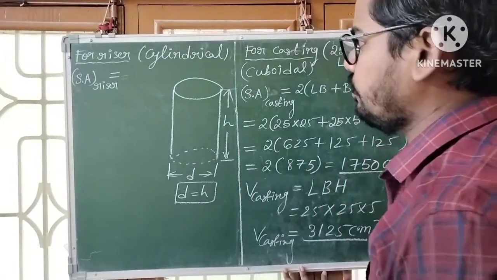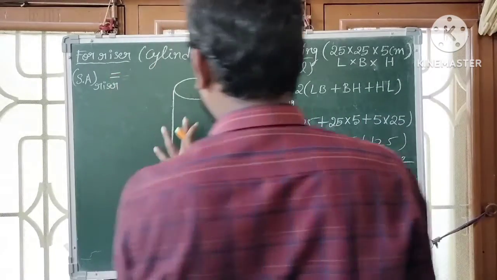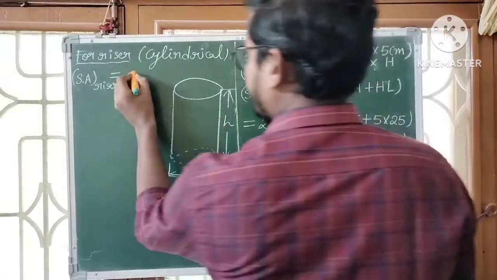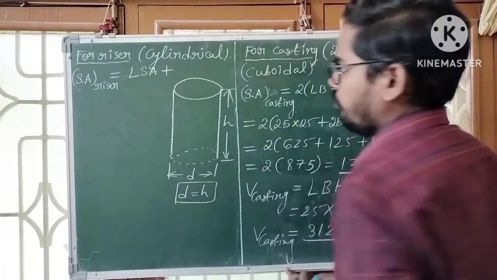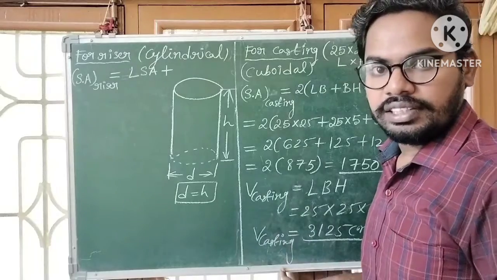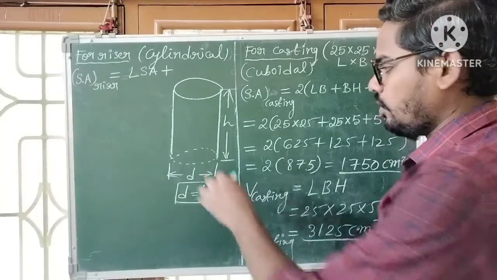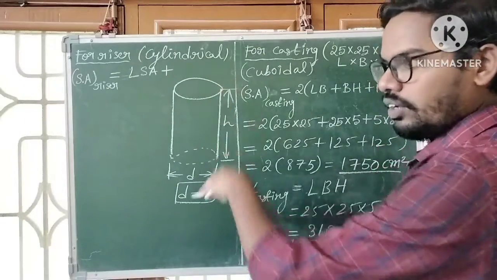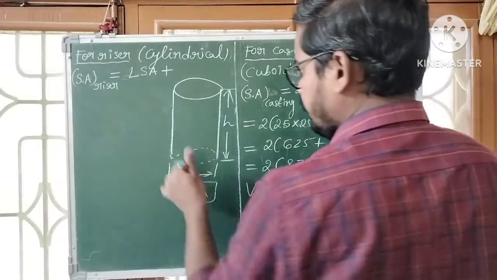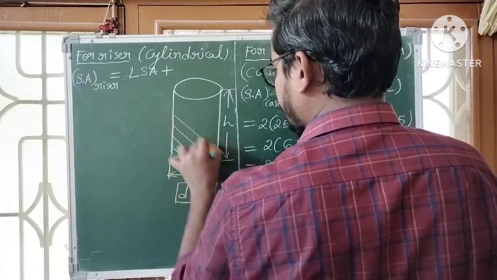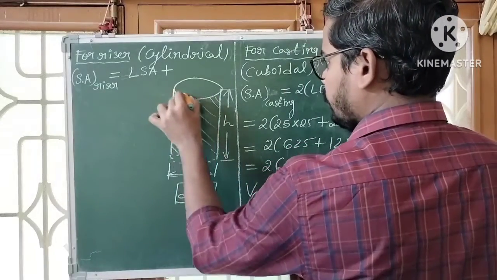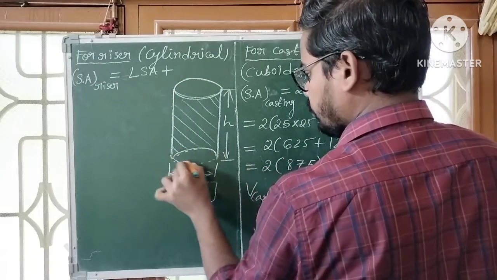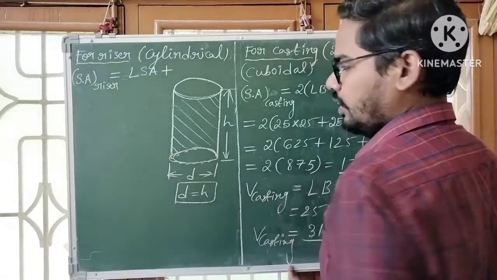So surface area of riser is equal to, so this is cylinder. So surface area of cylinder is equal to lateral surface area plus, in general we consider two times the area of each base. See, this is lateral surface area of cylinder, and still we have top and bottom, nothing but two bases.